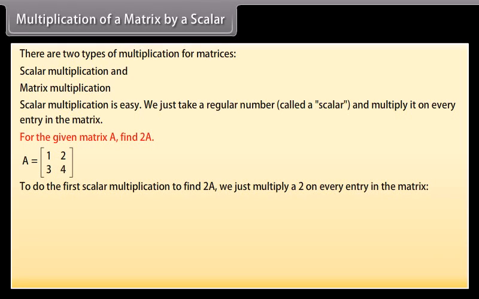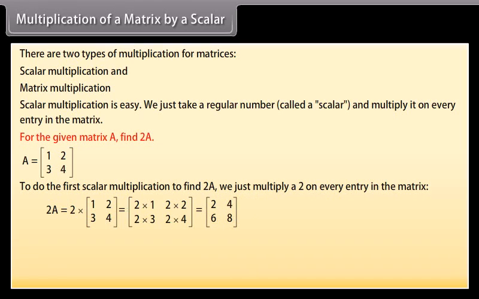To do the first scalar multiplication to find 2A, we just multiply a 2 on every entry in the matrix. 2A is equal to 2 into matrix row-wise, first row 1, 2, second row 3, 4, which is equal to matrix row-wise, first row 2 into 1, 2 into 2, second row 2 into 3, 2 into 4, which is equal to matrix row-wise, first row 2, 4, second row 6, 8.